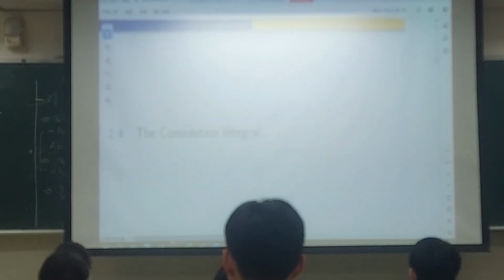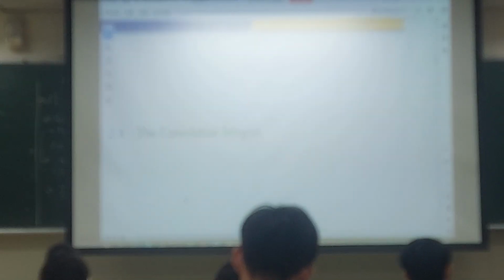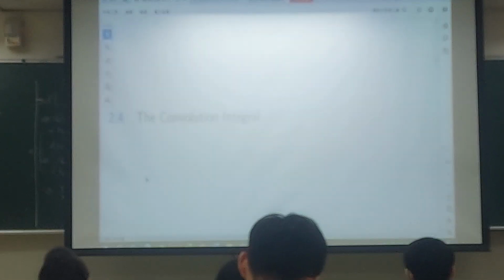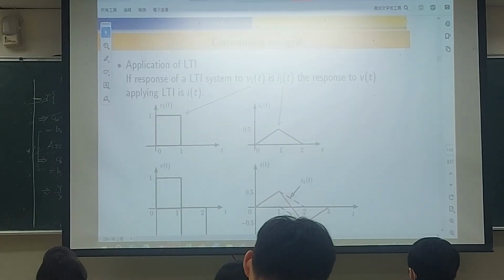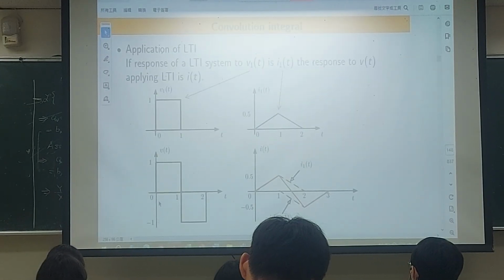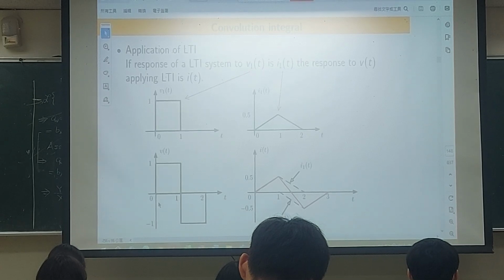All right, let's jump to another important topic, convolution integral. Convolution integral. So let's look at one simple example first. Suppose we have a system.